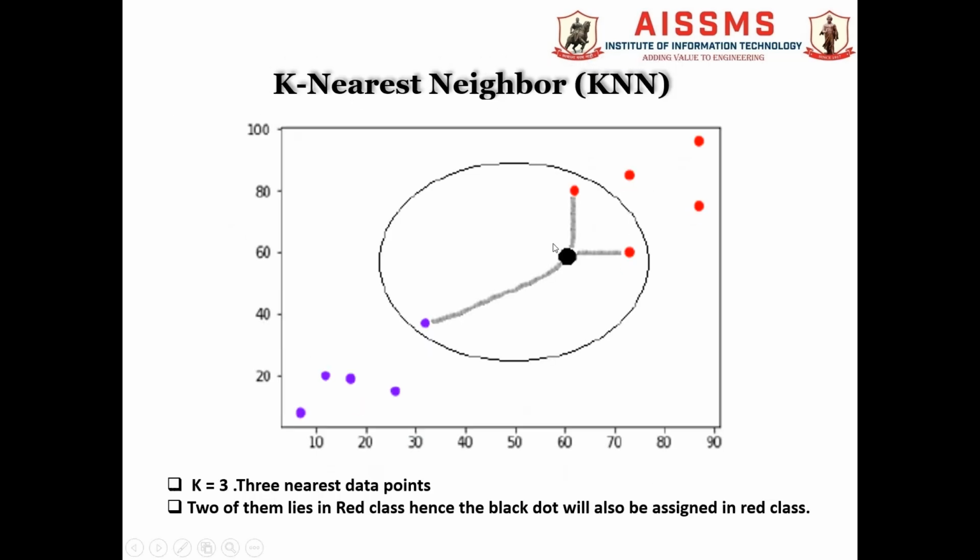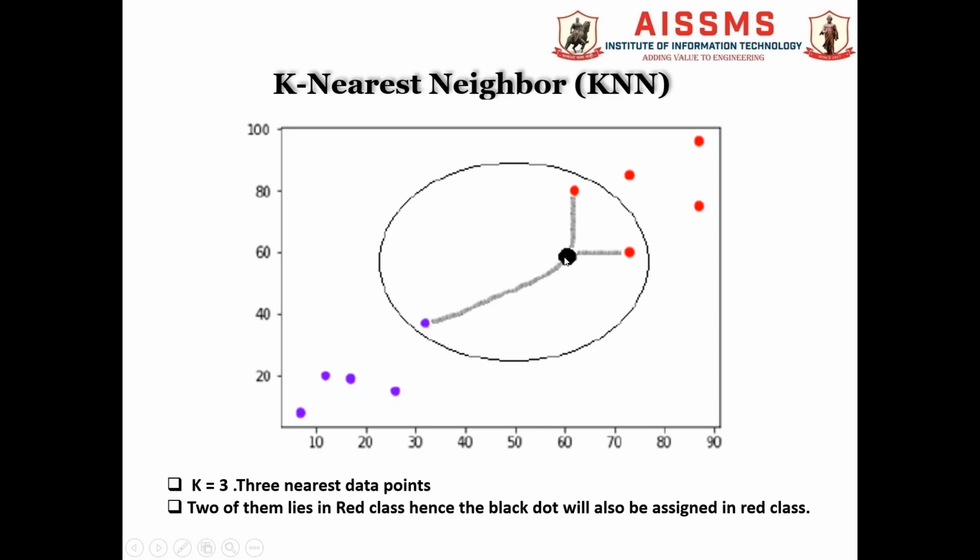set. Now in this case, this is the unknown data point which we have to categorize either in this red category or in this blue category. So initially the distance of this black data point will be calculated with these three data points, but out of these three, two belong to the red category and only one belongs to the blue category.